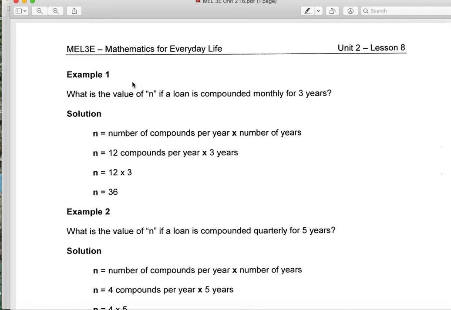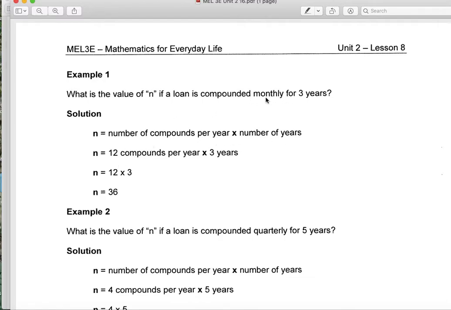So here's an example. It says, what is the value of N if the loan is compounded monthly for 3 years? So this is key here, compounded monthly. How many times a year would you earn interest if it's compounded monthly? Yes, 12. So we're going to use the formula. N is equal to the number of compounds per year times the number of years.